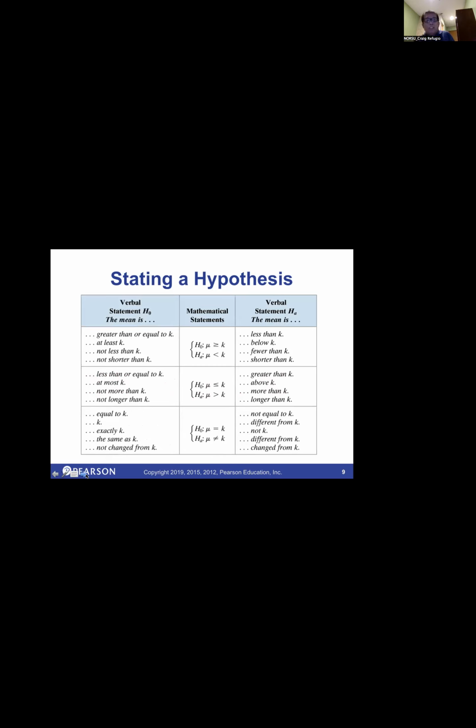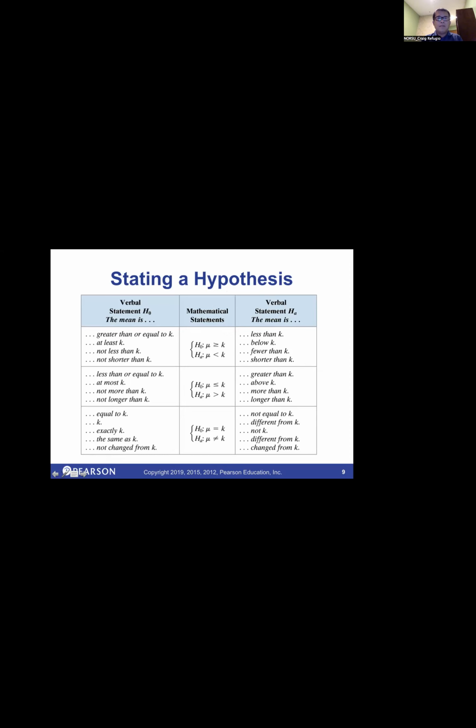Then we have the detailed mathematical symbols and the verbal description. How are they written in verbal statements? At the center, you can find the mathematical statements. To the right of the mathematical statements are the verbal statements of the alternative hypotheses in words.